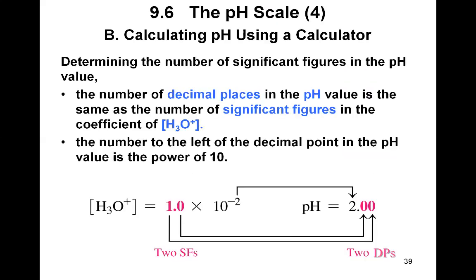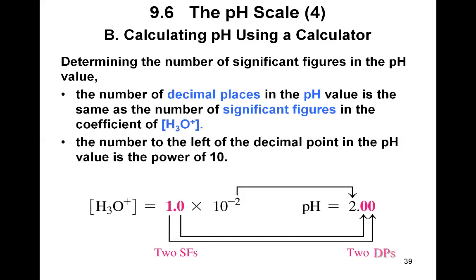Okay, now you will need to be able to calculate the pH using your calculator. First, a word about determining the number of significant figures in the pH value. There is a reminder of this rule in your yellow reference packet, page 5, that is dedicated to chapter 9, acids and bases.